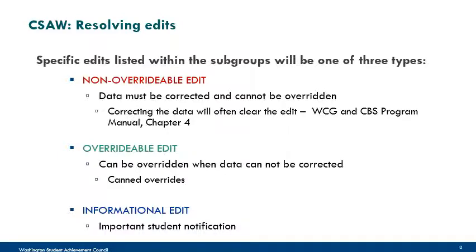You will be provided with a few canned overrides to choose from, or you can type in your own if none of the canned overrides fits your circumstance. Last, there are informational edits. These are just important student notifications, such as students being close to using up all of their QER.